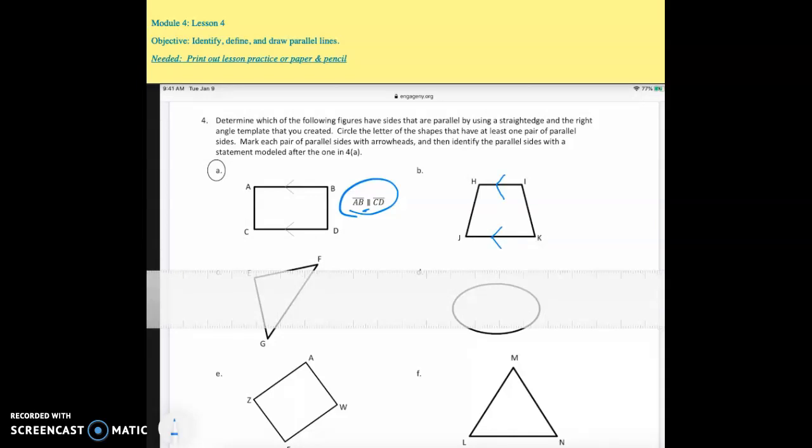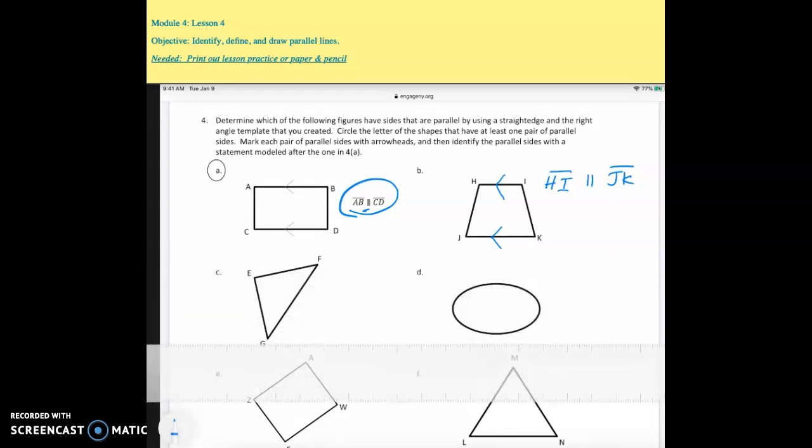All right, so line HI is parallel to line JK, just like that. All right, let's look on the triangle. Do you see any lines that are parallel on the triangle? Nope, there are no parallel lines there. How about on an oval or a circle? No, there are not any.